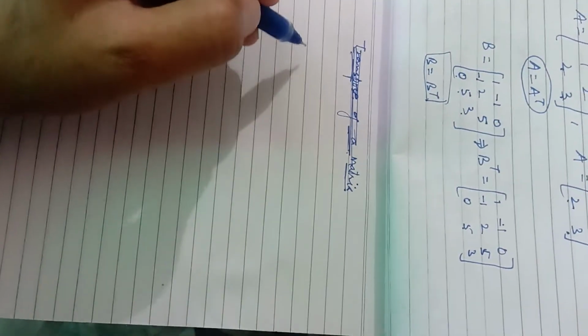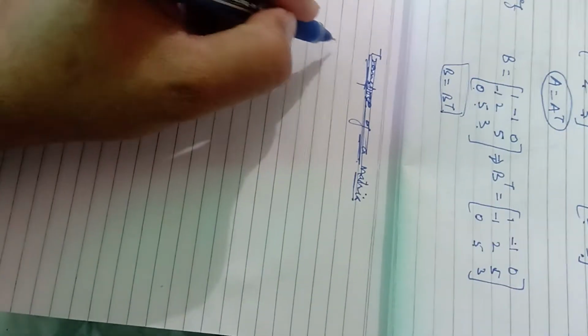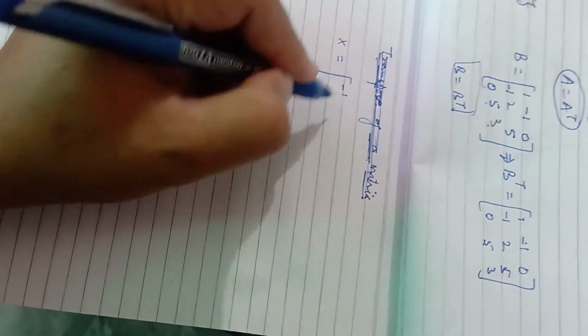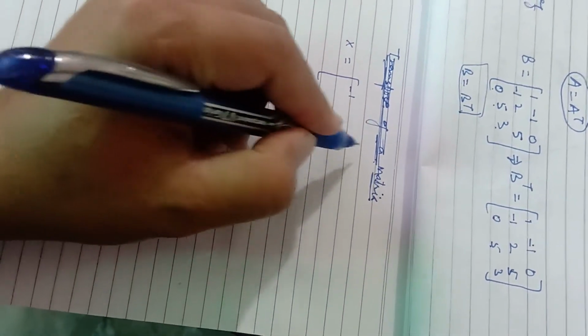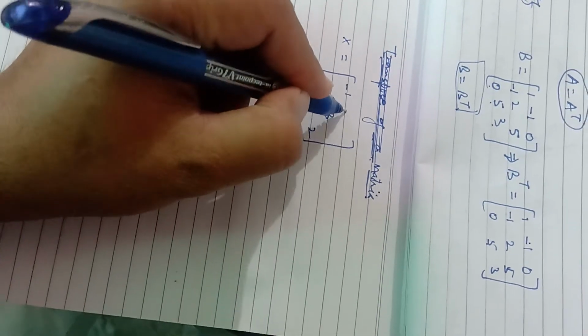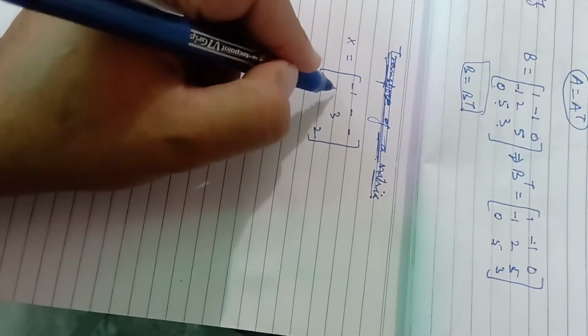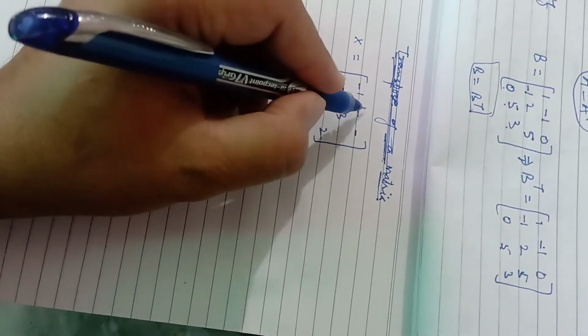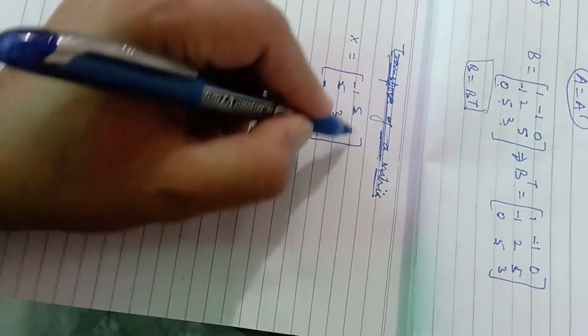You can have another example also. Let me say X is some matrix. Say minus 1 3 2 on the diagonal. Whatever you write in these two vacant places of the first row, the same entries are to be written in the two vacant places of the column, like 5, you write 5.